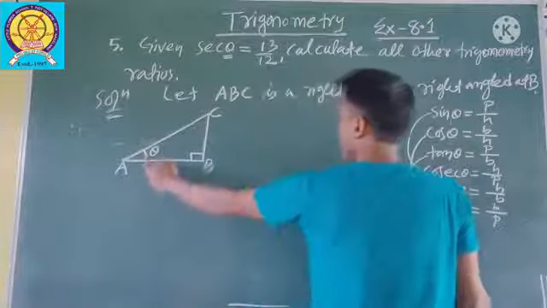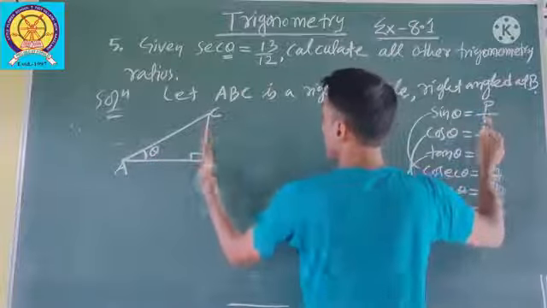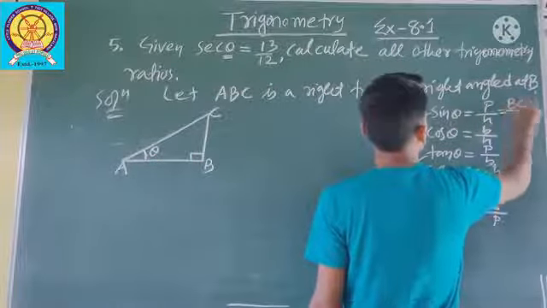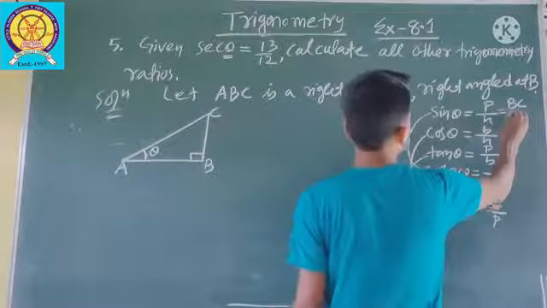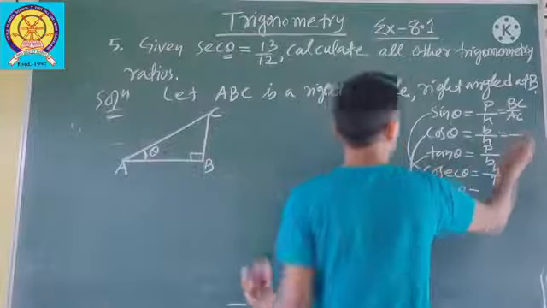Now you see, with respect to angle theta, perpendicular, which one? BC. Hypotenuse is AC. Base is AB.